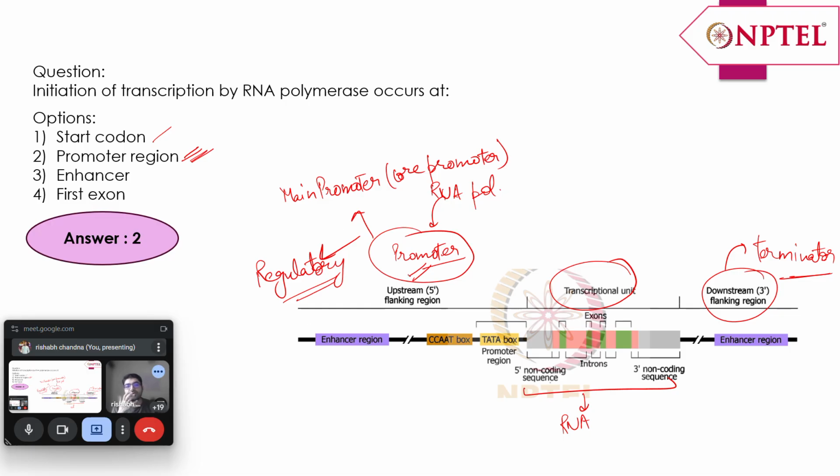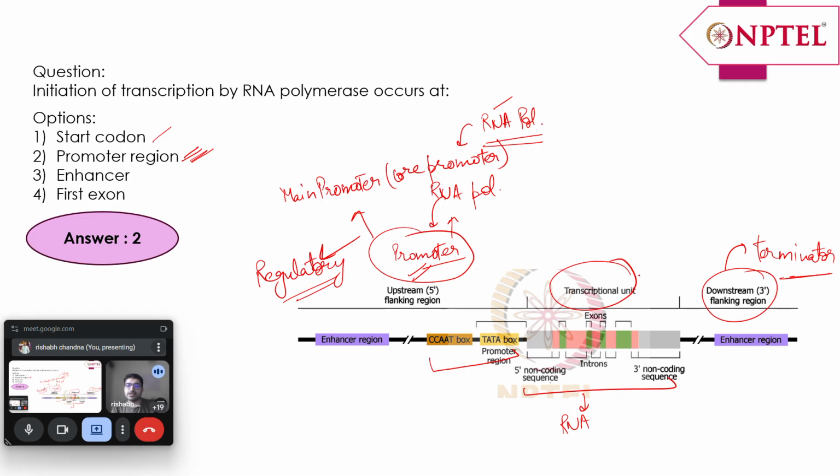The core promoter is the identification site for the RNA polymerase. Here in the figure, as you can see, the TATA box and the CAAT box are the major regions in a eukaryotic system that are identified by the RNA polymerase.